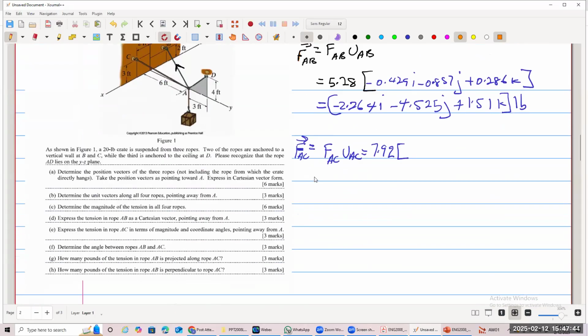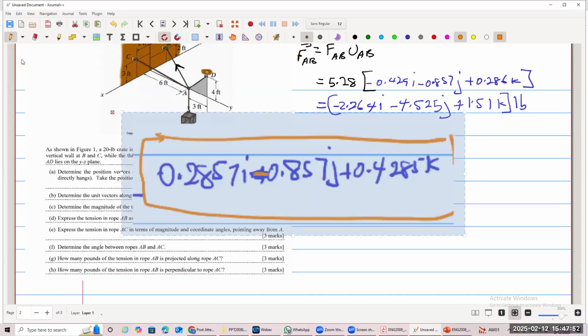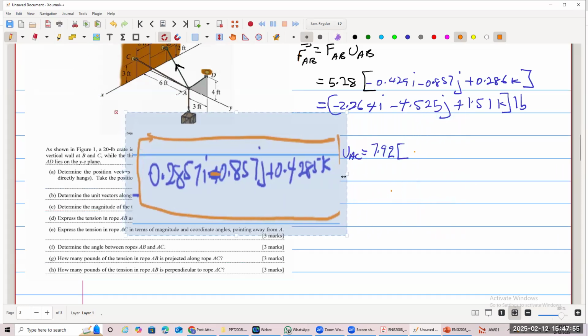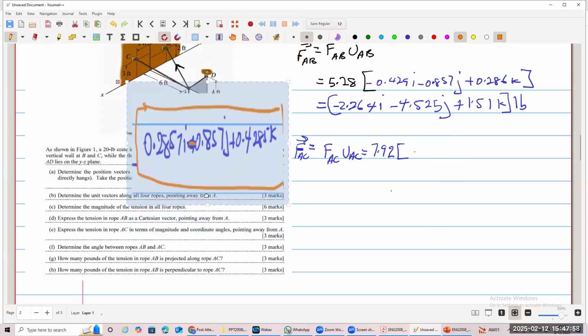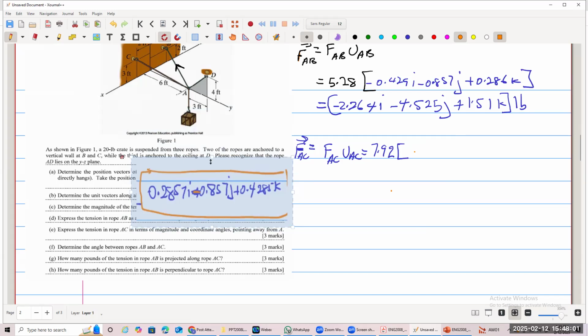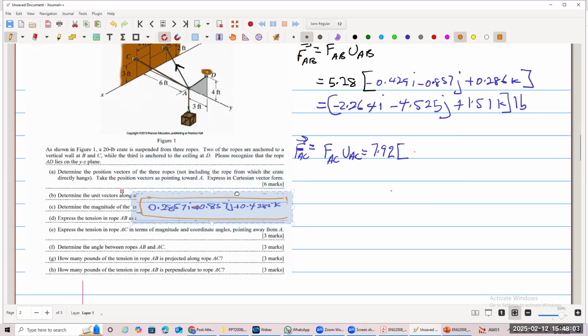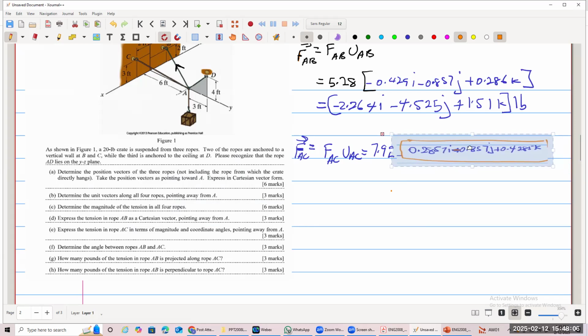I hope it's not big. All right, so this is it. Let me get a different color. So it is right here times this.